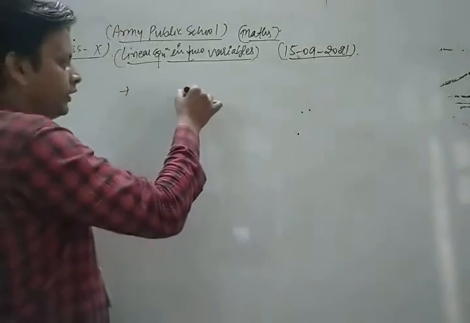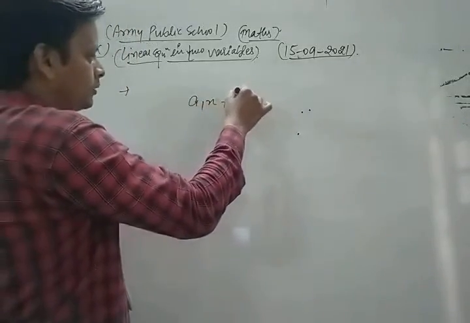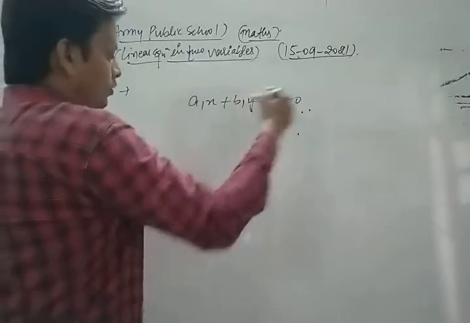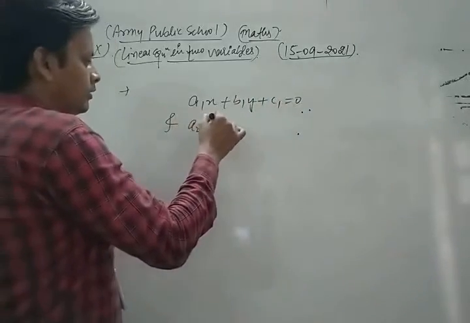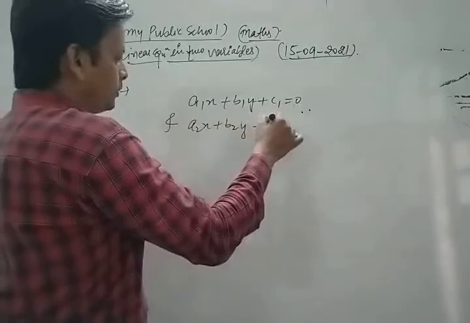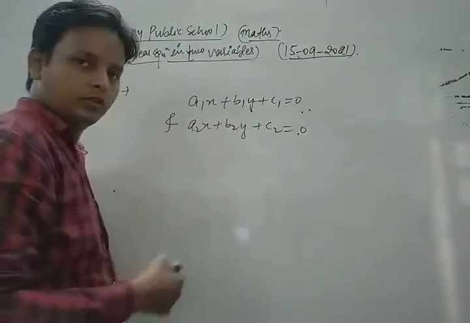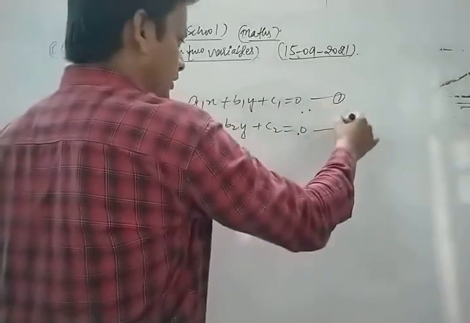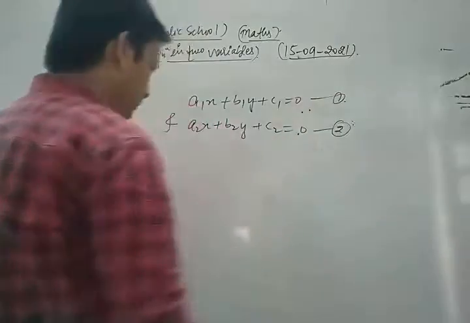If we have a pair of linear equations in this way, a1x plus b1y plus c1 is equal to 0 and a2x plus b2y plus c2 is equal to 0. Suppose this is equation 1 and this is equation 2.